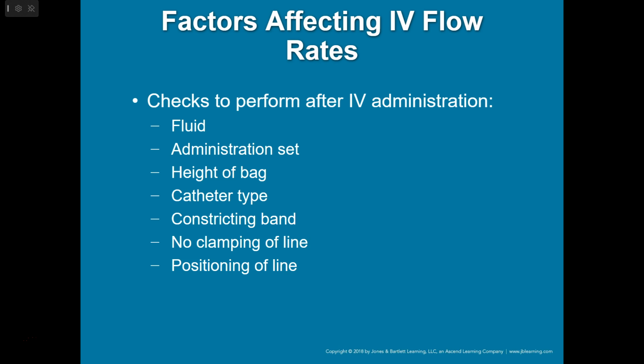Make sure you got that constriction band off there. No clamping of the line. All those administration sets include a clamp or two. If you're using that saline lock, it's got a clamp on there. So if you're having issues with it flowing, make sure it's not clamped off someplace. Positioning of the line: if it's kinked itself off, anything like that, you want to reposition it.